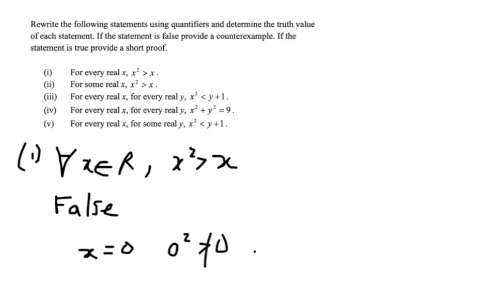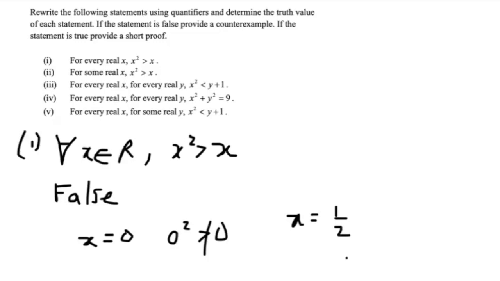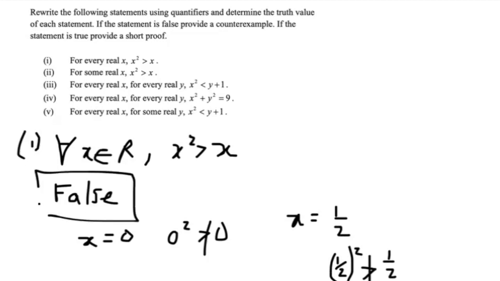That is not true. We could choose, say, x equal to a half. A half squared, which is a quarter, is not greater than a half. So this statement is definitely false.